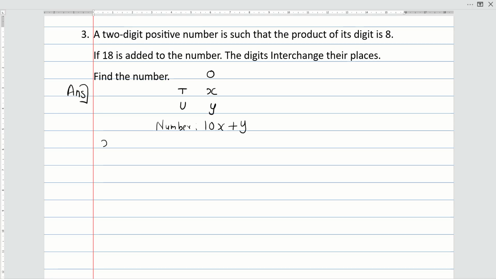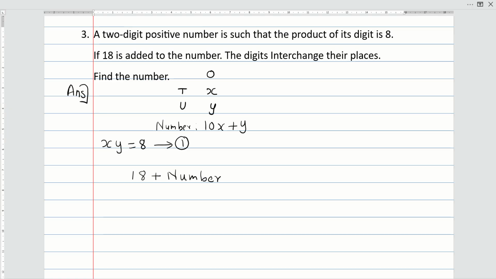So the product of the digits, that is x into y, is 8. So we got the first equation. Let us read further. If 18 is added to the number, so the condition is if 18 is added to the number, the number means the original number.